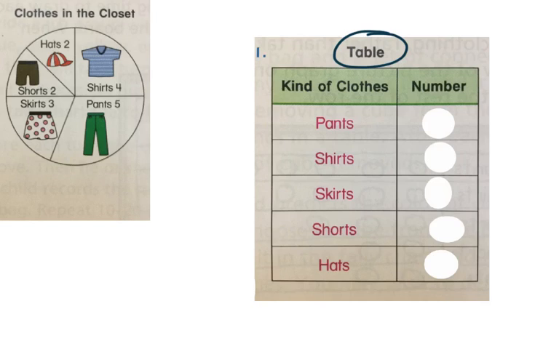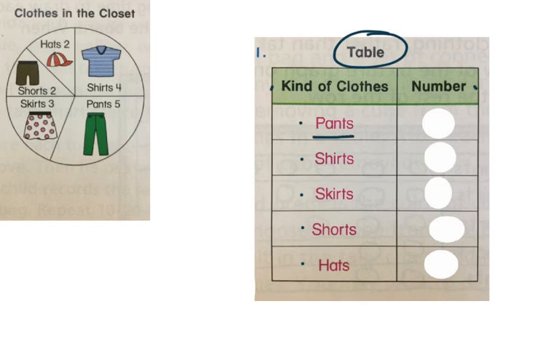This is a math kind of table. So we have 2 titles up in the green boxes. This one right here says kind of clothes, and this one right here is the numbers. So when you make a table, you're going to have to write each of the kinds of clothes down. I skipped that part and I already have it in there.